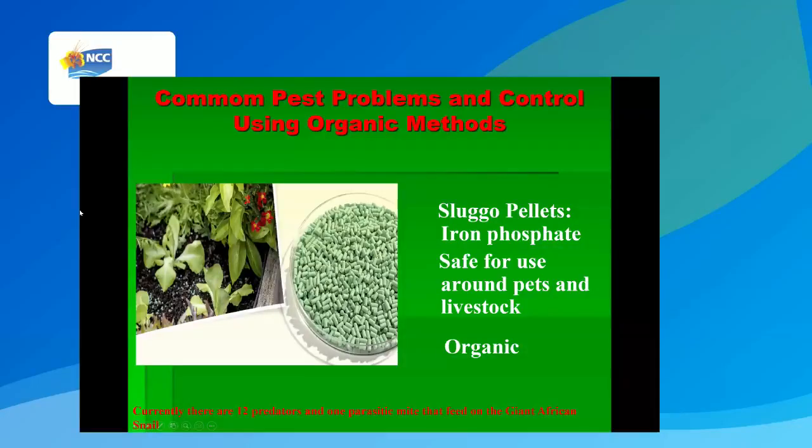Many of the other slug pellets contain a compound called metaldehyde, and that is not safe around your pets and livestock. It can poison them. So if you have pets and livestock on your property, make sure that if you are baiting for the slugs and snails, you use an organic alternative like Sluggo.